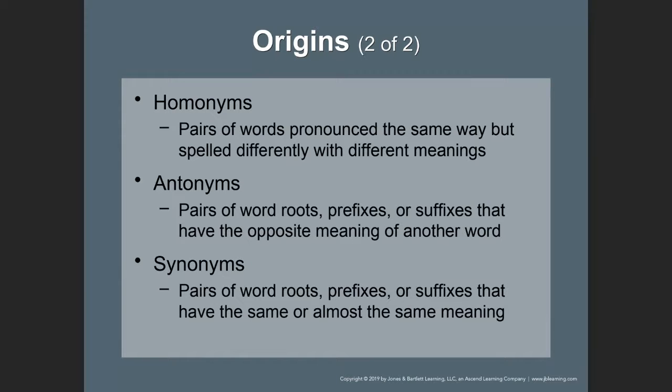Example, inferior, superior, top, bottom, in, out. Synonyms are pairs of word roots, prefixes or suffixes that have the same or almost the same meaning. Example, adrenergic system, sympathetic nervous system, parasympathetic nervous system, cholinergic system.